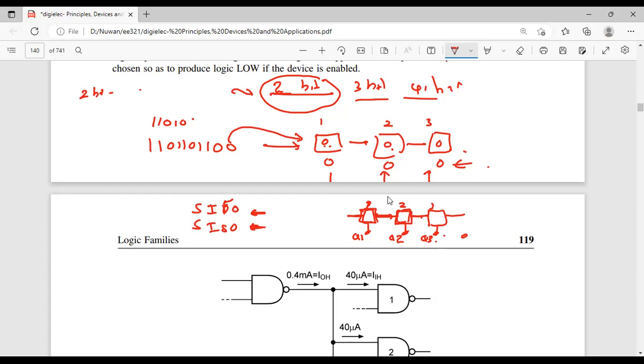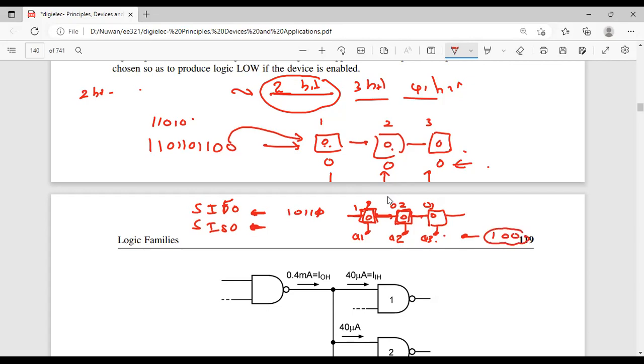So let's say this is 1, and the others are 0, 0, 0. With serial input parallel output, in the first clock cycle, 1 will shift to here, 0 here, and 0 here. So it will be 1, 0, 0. This is the parallel output.